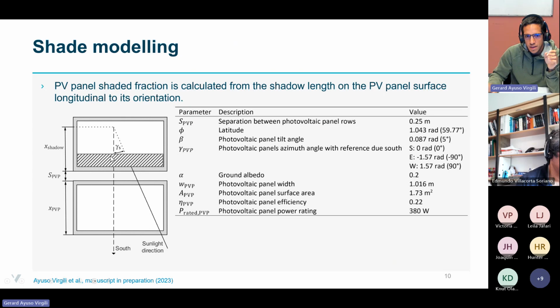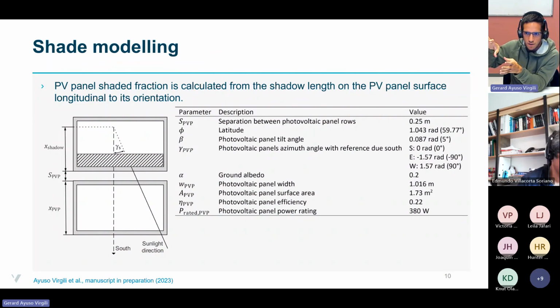And what we did in this case was to first calculate what percentage of the panel is shaded. And then we did some other simulations with this specific panel, which has 60 cells divided into 3 strings, so 3 times 20 cells. And we shaded that panel partially to see how the power output of the panel would change.